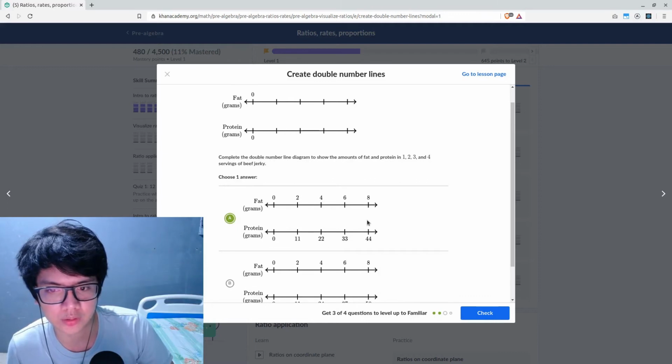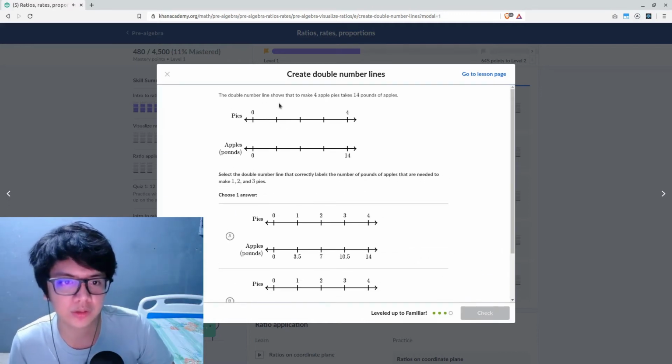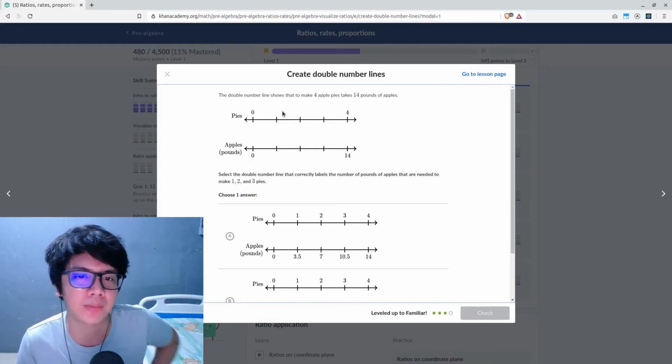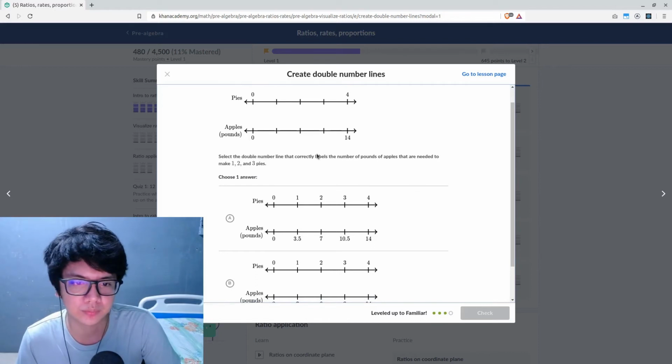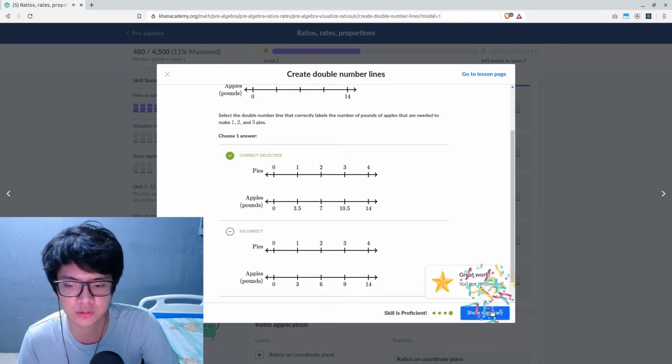Oh, okay. The dough that makes 4 apple pies takes 14 pounds of apples. Oh wow, I think this makes much more sense.